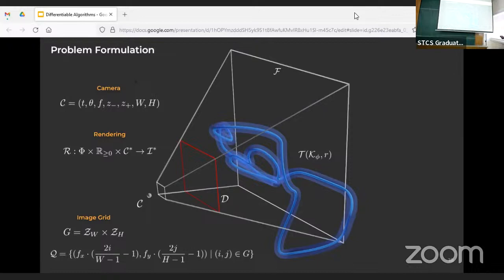That is the rendering function. The image generated we would denote as I hat. It is the rendering function for a given knot, radius, and camera. So this is how the image looks if we look from the camera.